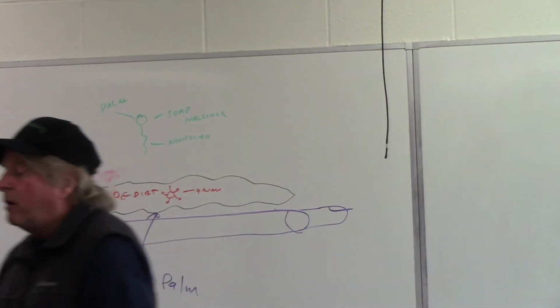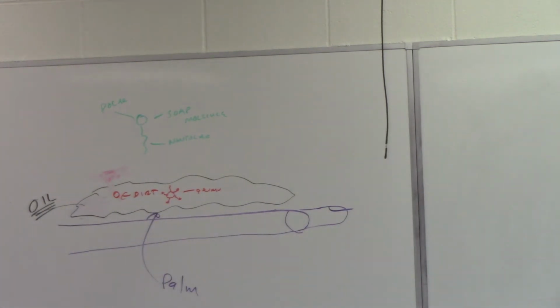Okay. So when you wash your hands, you just don't take soap and add it to your hands. It won't work that way. And that's because the soap molecules do not know how to orient themselves when you do that. You have to have them orient themselves just right.